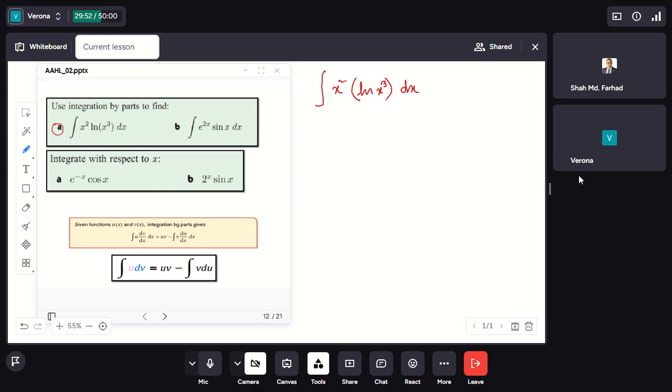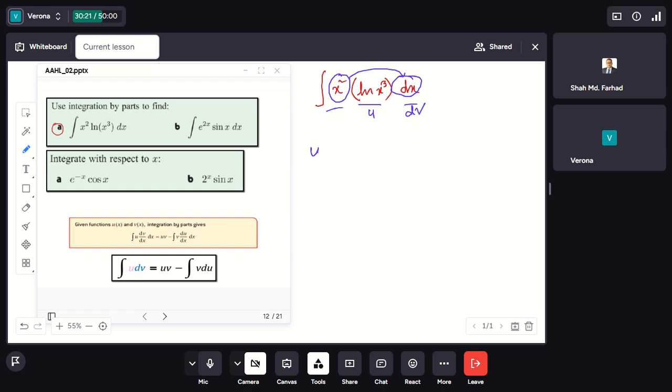So at first identify which one is u, which one is dv. Which one is u? That is u, right? And this one, including dx, that is dv.